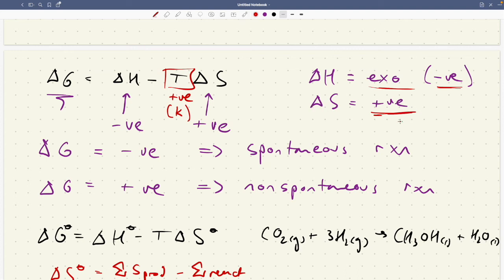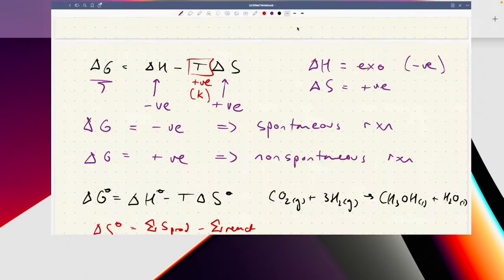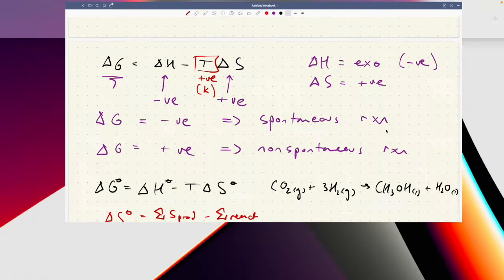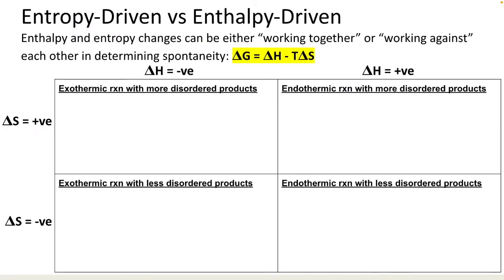Our delta S is positive, so we're creating more disorder. They're on the same team. We're obviously going to end up with a spontaneous reaction. But we can have different combinations. We can have both negative, both positive, one negative, one positive, and that's going to determine what our spontaneity is going to be.